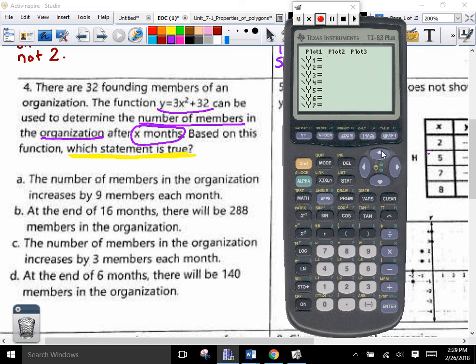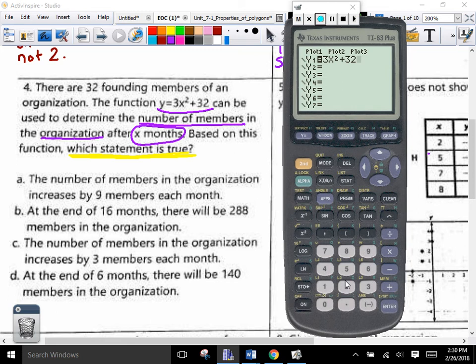So on y1, I'm going to put my equation. So 3x squared plus 32. That's my equation. That's going to tell me how many members I have in the organization after months have passed.